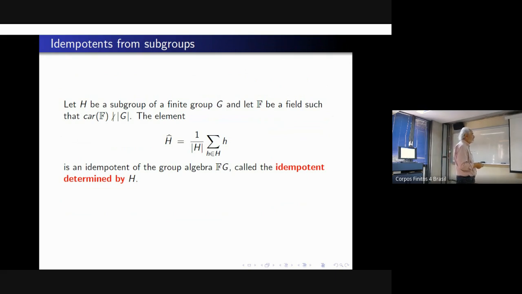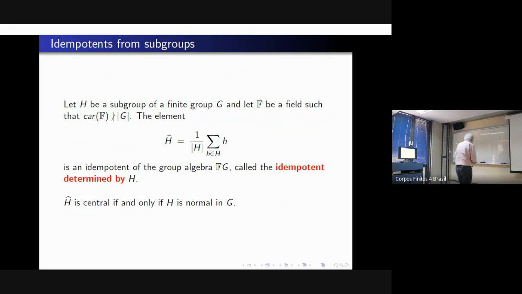We simply consider a linear combination of elements of the group, which is formed by adding all the elements of the subgroup and dividing by this coefficient. It's very easy to prove that this is an idempotent, and it's called the idempotent determined by H. And it's very easy to prove that this idempotent is a central idempotent if and only if H is a normal subgroup of G.